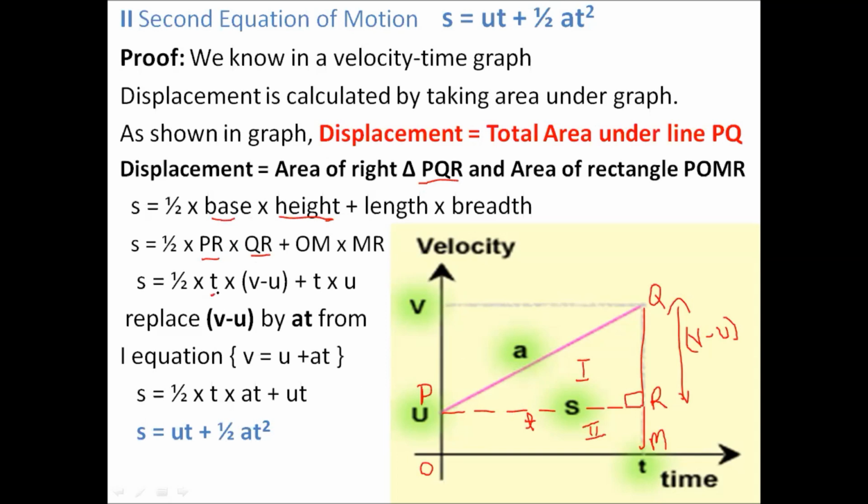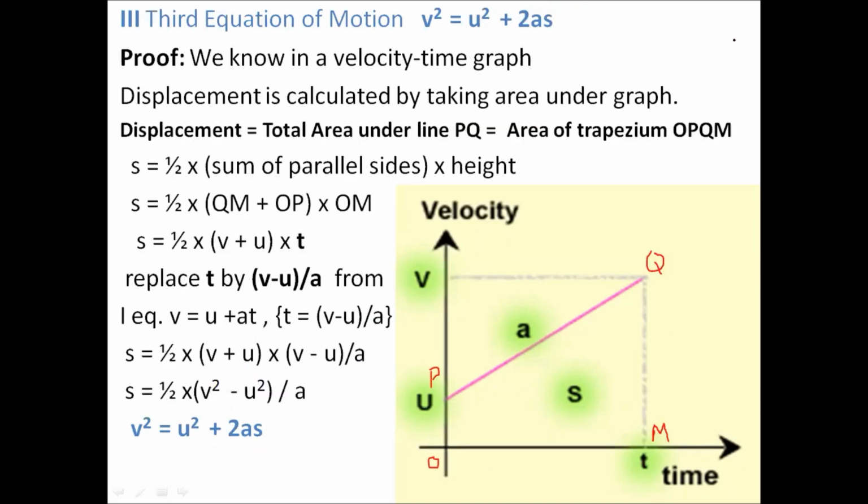PR value is given T and QR value is given V minus U. In the same way, we can find the area of rectangle POMR, length into breadth, that is OM into MR. OM is equal to T and MR is equal to U, T into U. If we replace V minus U by AT using the first equation of motion, then we can get the second equation of motion S equals UT plus half AT square as shown.